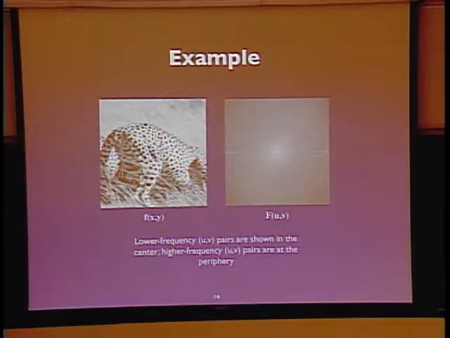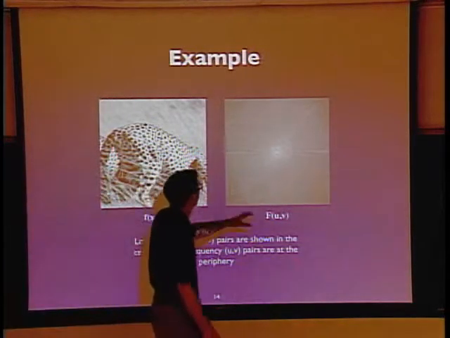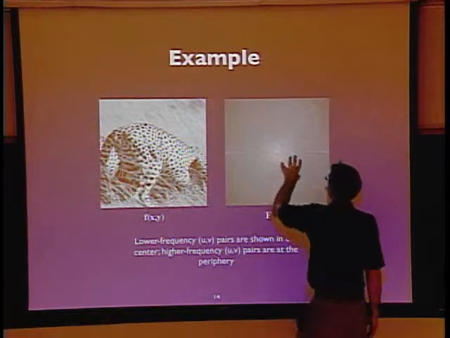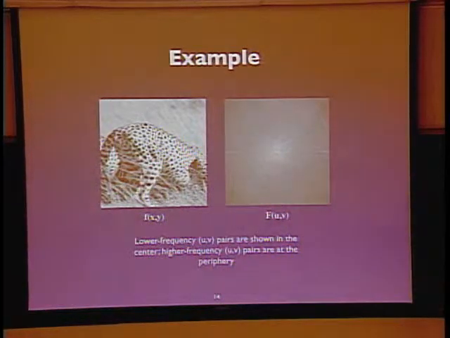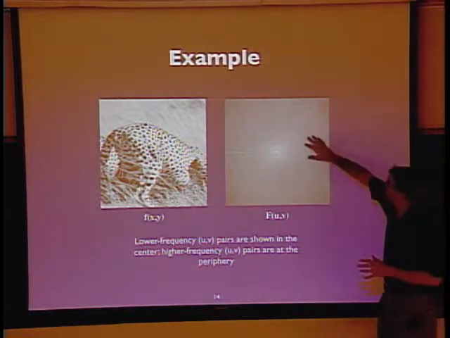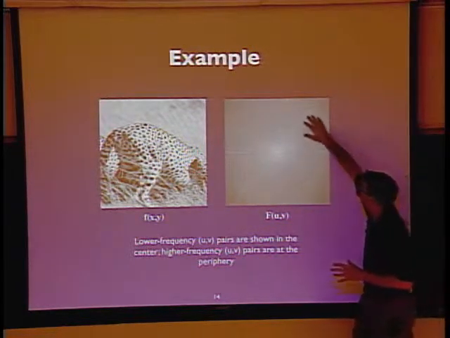So here's one example where we have this photograph of the cheetah, and we look at the Fourier transform of it. And what you should see is that there's a big percentage of the image that is slowly varying. And then there's a little bit of the image that's out towards the periphery.